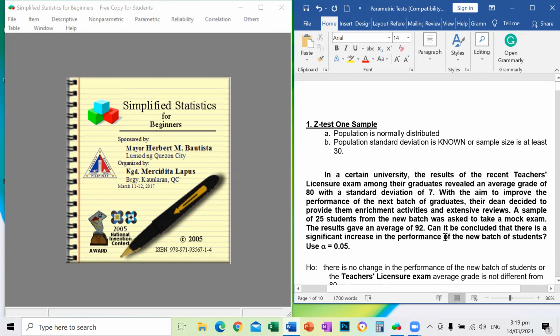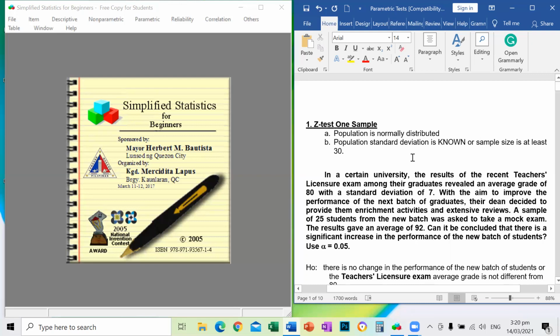Let's go back to the problem. Your 92 here is your sample mean. We want to determine if there is a significant difference between the population mean of 80 and the sample mean of 92. Your sample size here is 25. You will notice that one of our assumptions is the sample size should be at least 30. But take note of this conjunction.